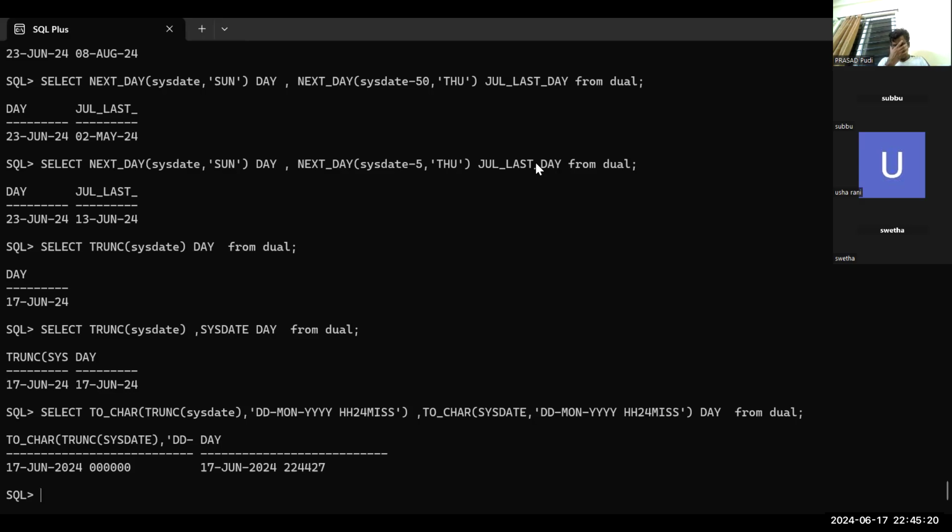Always, if you are using trunk, it will go to night 12 o'clock, meaning 00, which means 12 a.m., early morning, not p.m.